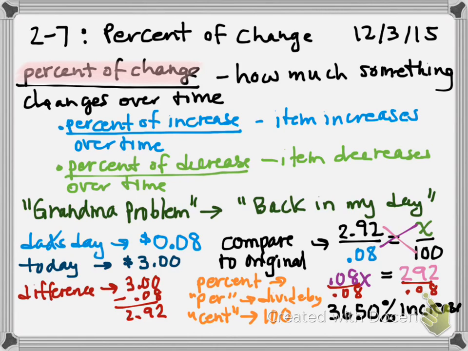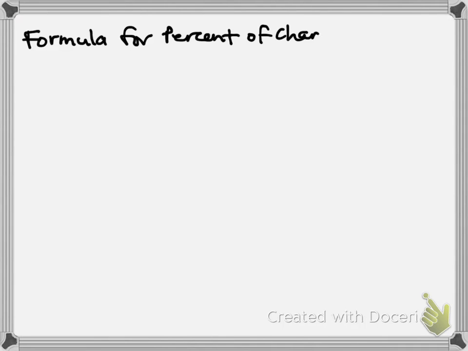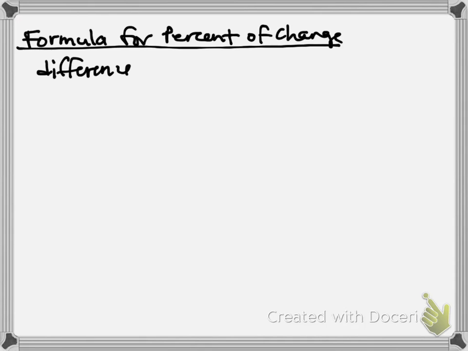So let me write down the formula in general, what you're going to be doing. And then, so the formula for percent increase, decrease, or just percent of change. And then I'll give you 2 examples, like how the book's going to set it up for you. So you're going to have the difference between your 2 values.